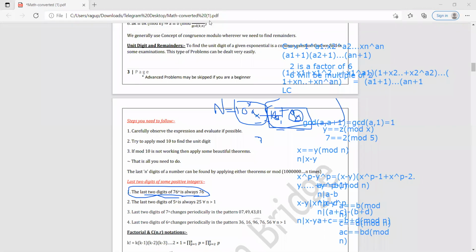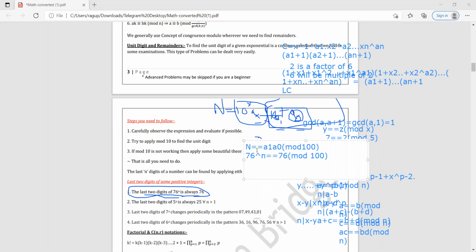So the number would be congruent to its last digits, 10a1 plus a naught, mod 100. What we need to prove is that 76 raised to n always ends in 76. So if we can prove that 76 raised to n is congruent to 76 mod 100, then we are done.